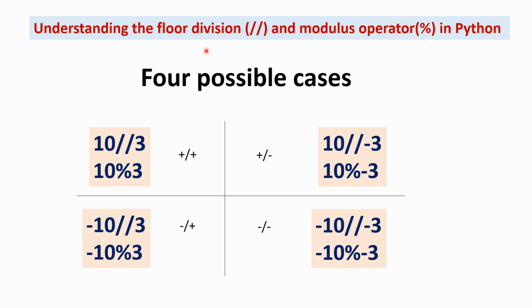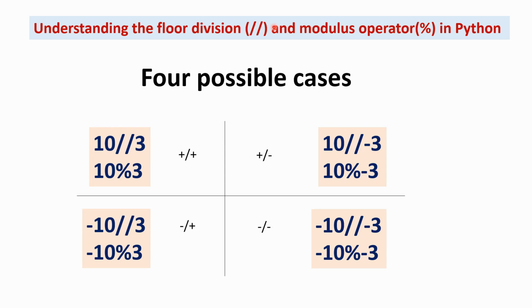But before I go further to understand this diagrammatically, if we talk about Python float division, there is a protocol of value. How do you get the value? Now, suppose it is minus 10 by 3, minus 10 double divide 3, that is the float division. So what do you get?